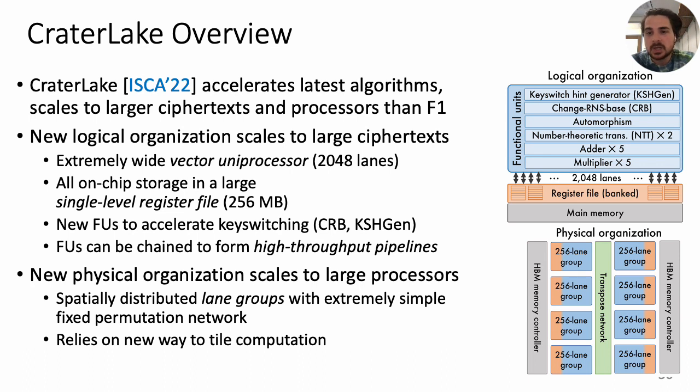The insight behind this network is the key to enabling Crater Lake's uniprocessor architecture. The network only supports transposes of elements across vector lanes. This simplicity allows it to have an order of magnitude higher throughput than the network in F1. And that in turn allows us to scale Crater Lake to a very large die size. To make all this work, we also need to contribute a new tiling of FHE ciphertexts across the chip.